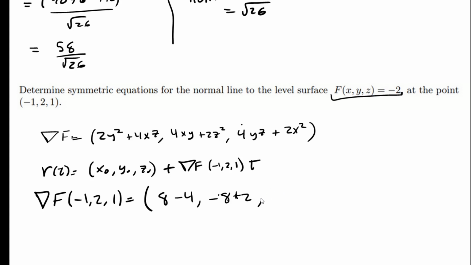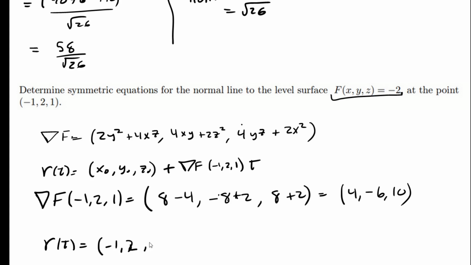And then that's 8 and 2. So we have 4, -6, and 10. And this is my point, so r of t is just going to be -1, 2, 1 plus t times 4, -6, 10.